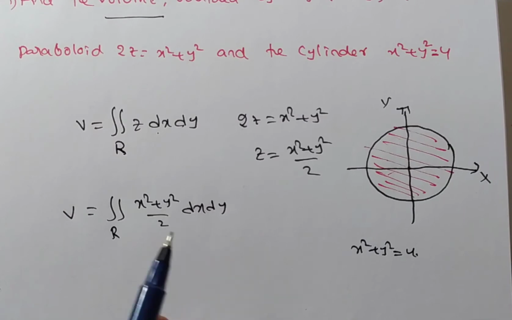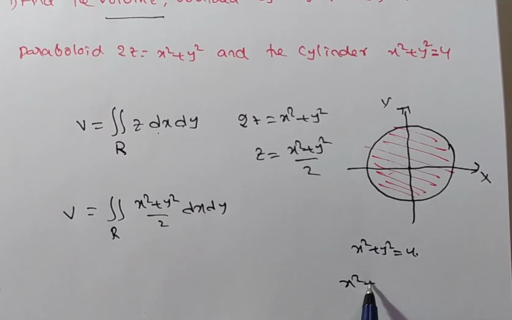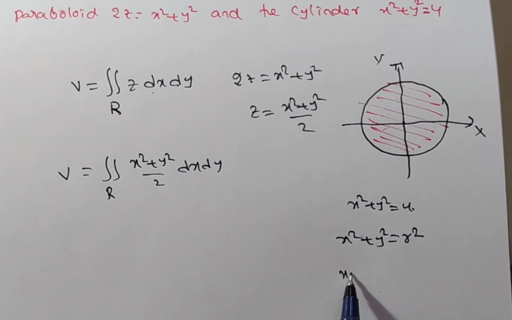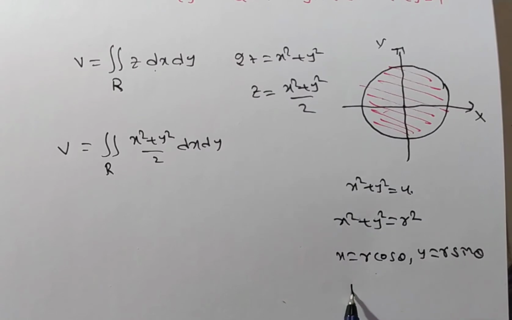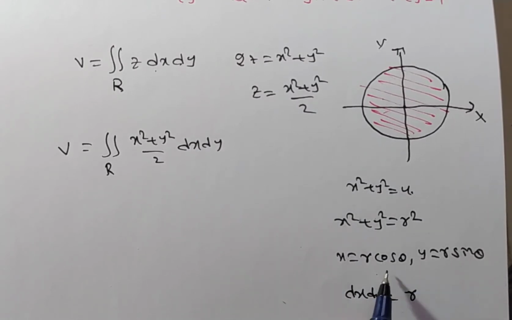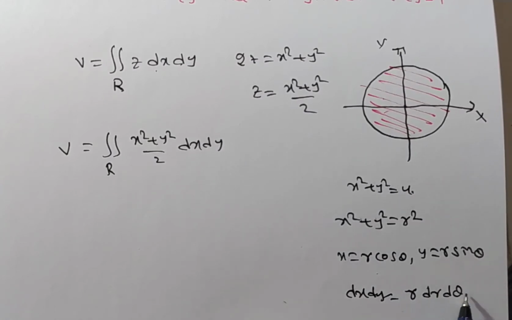This is a circle, so we can write x square plus y square equals r square, where x equals r cos theta, y equals r sin theta, and dx dy equals the Jacobian of x, y with respect to r, theta, which is r dr d theta.